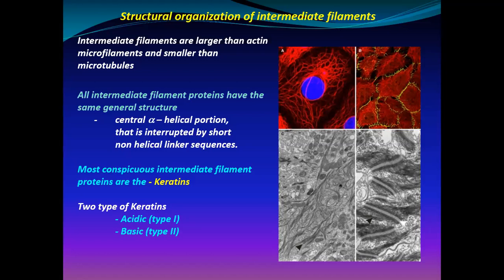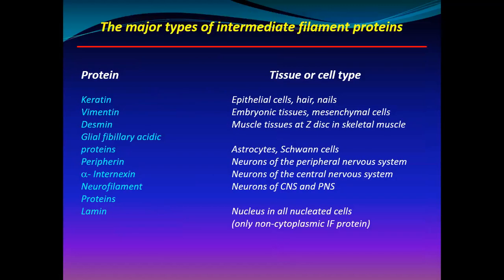One is called alpha helical structure, and then beta pleated structure. The alpha helical portion is interrupted by non-helical structure. I will show you. The most prominent intermediate filament is keratin. There are two types of keratin. One is called type 1, the other is called type 2. Type 1 is the acidic type, type 2 is the basic type.